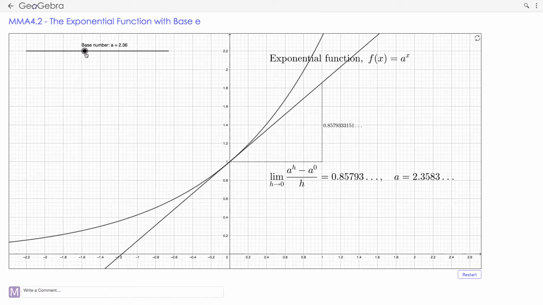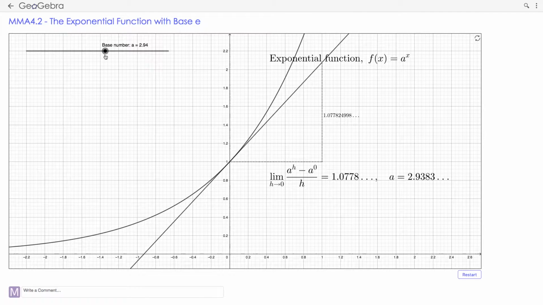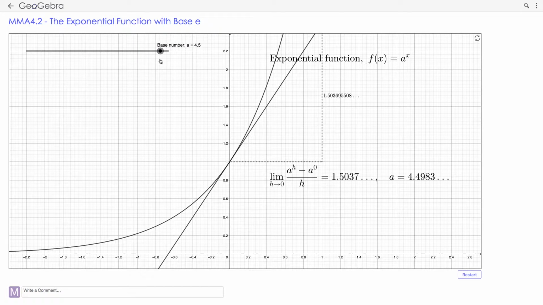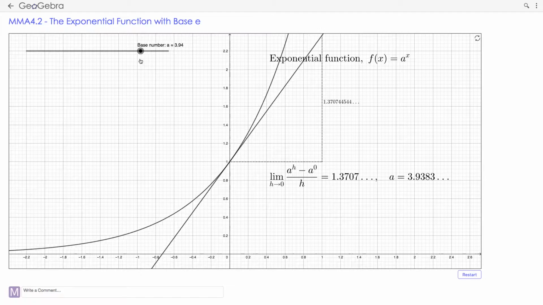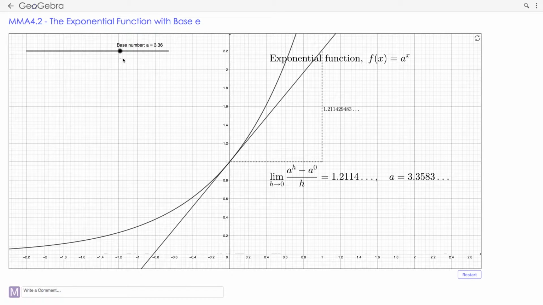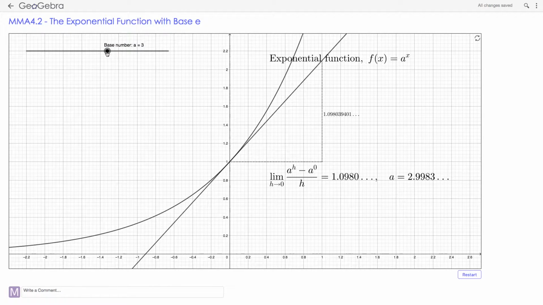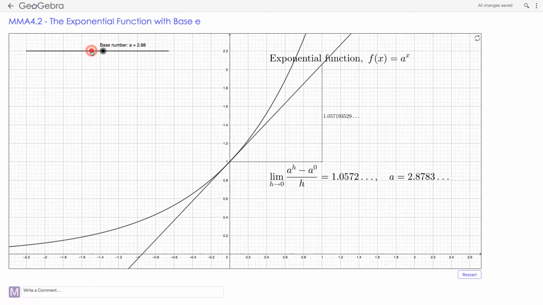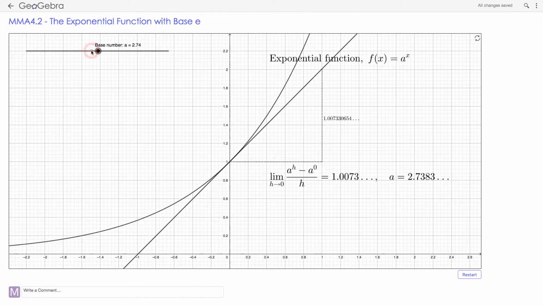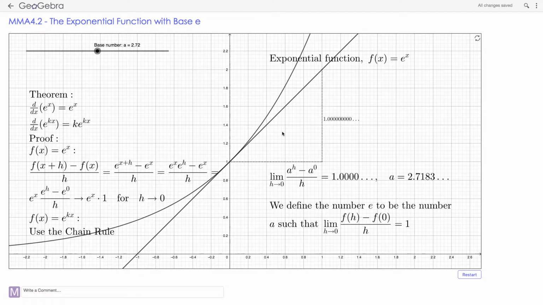And if I increase it a lot, it gets very, very steep. Agree? And at some point, I mean, now it's more than 1, right? Before it was less than 1. So there should be some point where this actually is 1. Agree? Oh, now it's 1.